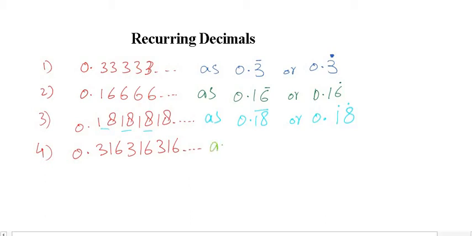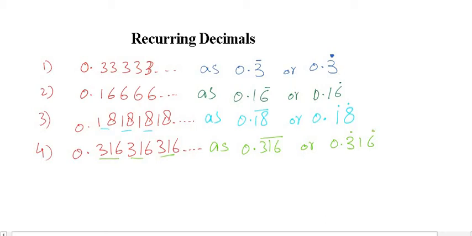In the last one, we can write it as 0.316. If you observe, 316, 316, 316 is repeating, so we can put the bar on it. Or you can put the dot on the first one and on the last one.